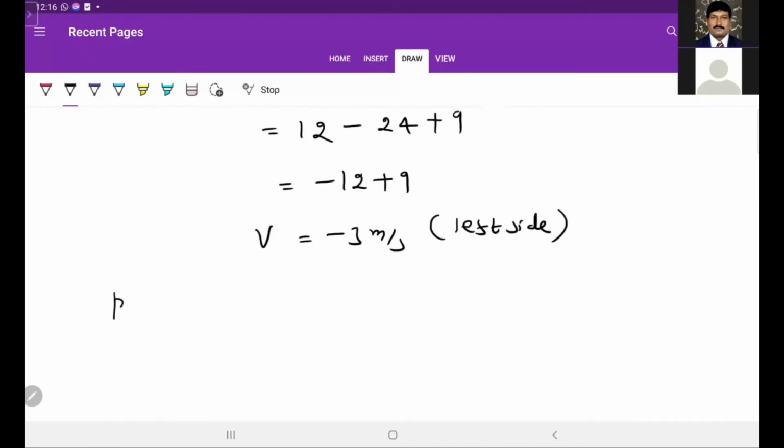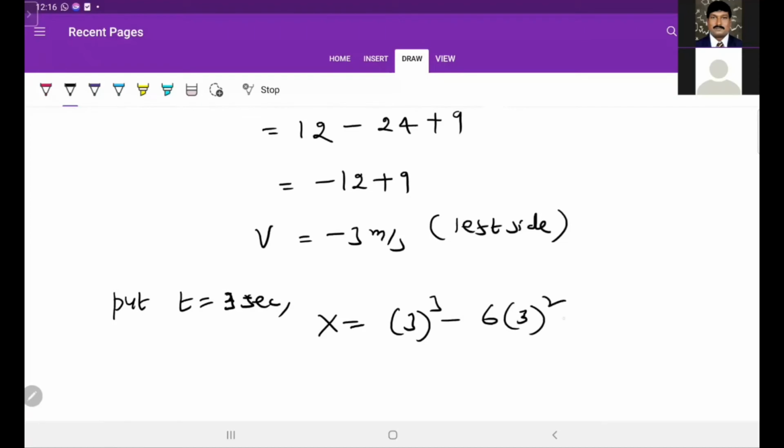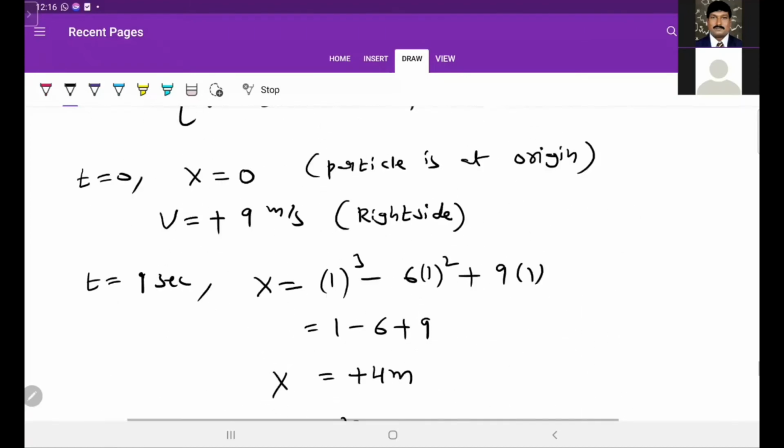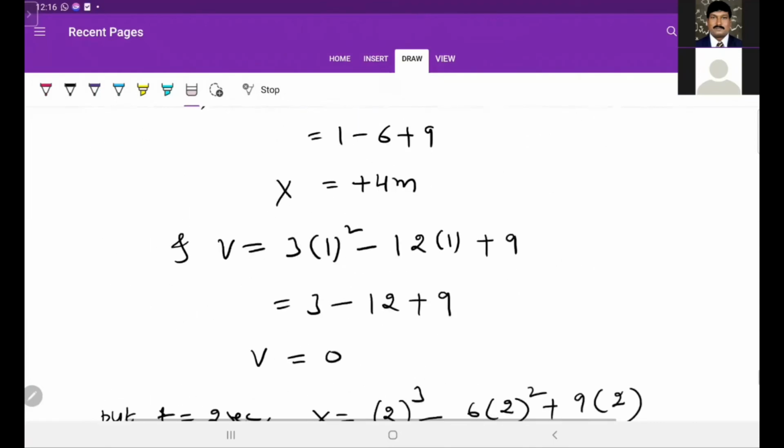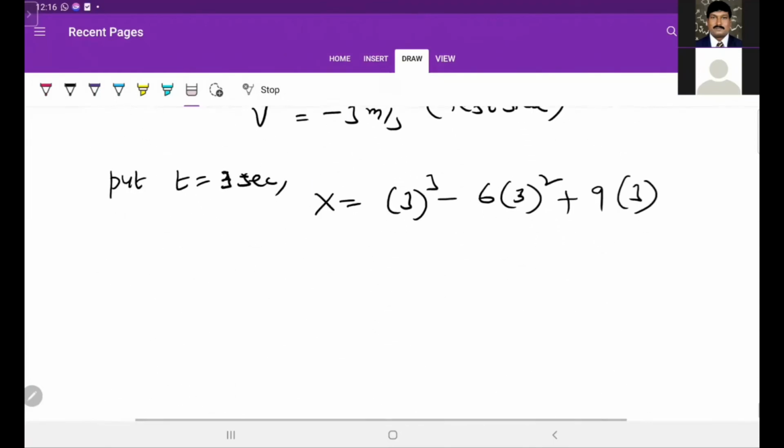And finally put time 3 second. So we get position is equal to t cube, means 3 cube minus 6t square plus 9t. This is the position equation. In this equation I substituted t value 3. So I get its position at time 3 seconds.